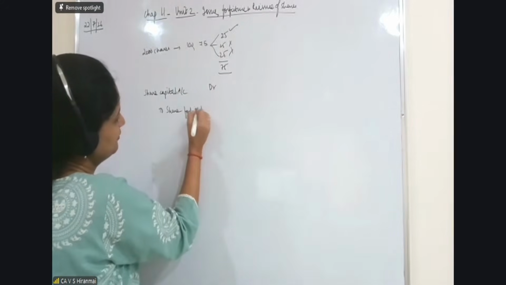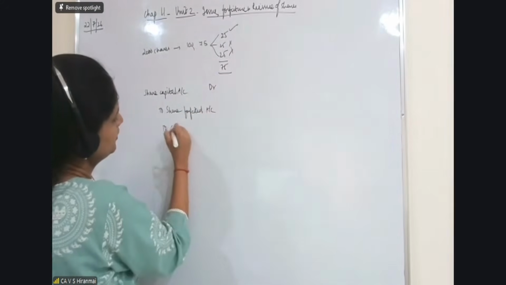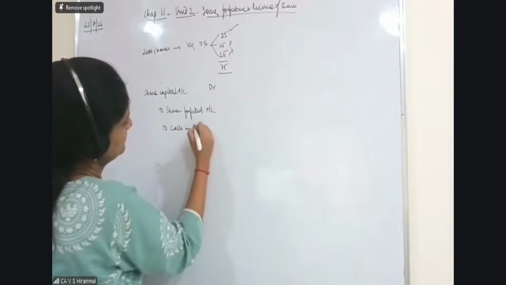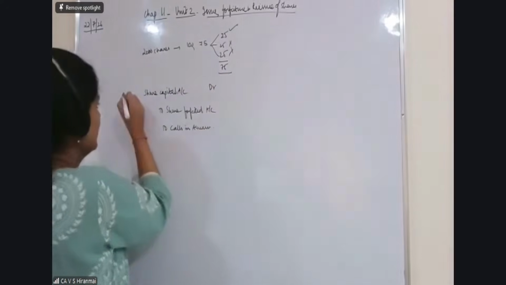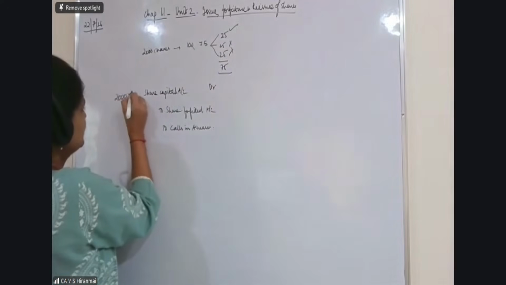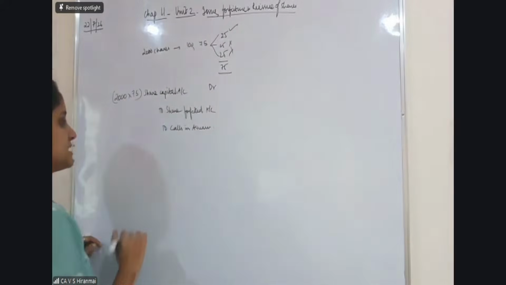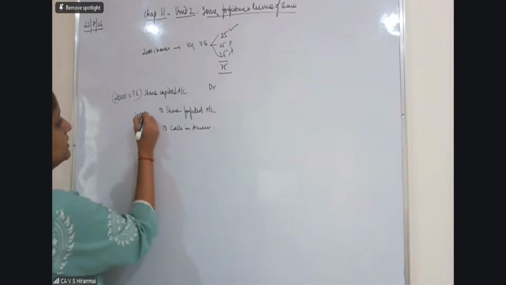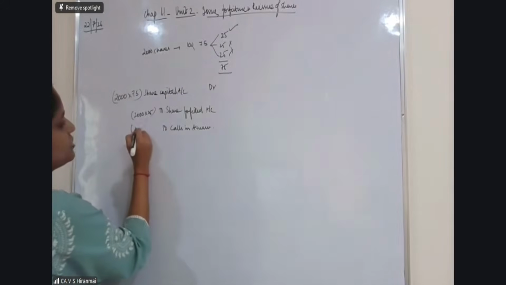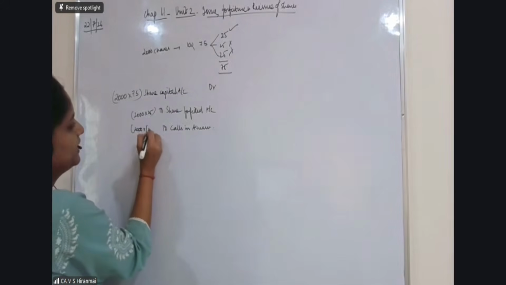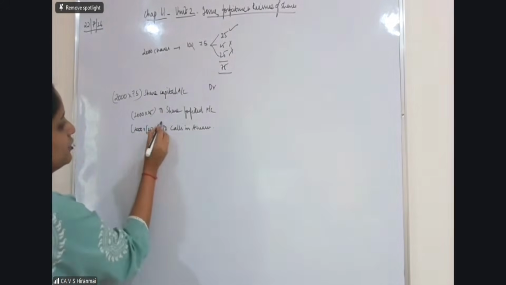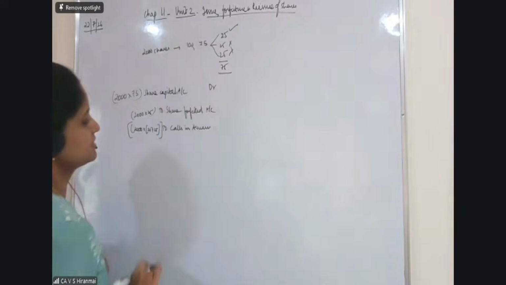Add the word preference. Two calls in arrears. How much is it? 2000 shares into 75, because in these two, whatever is less. How much has he paid? 2000 into 25. How much has he not paid? 2000 into 25 plus 25. These two things he has not paid.